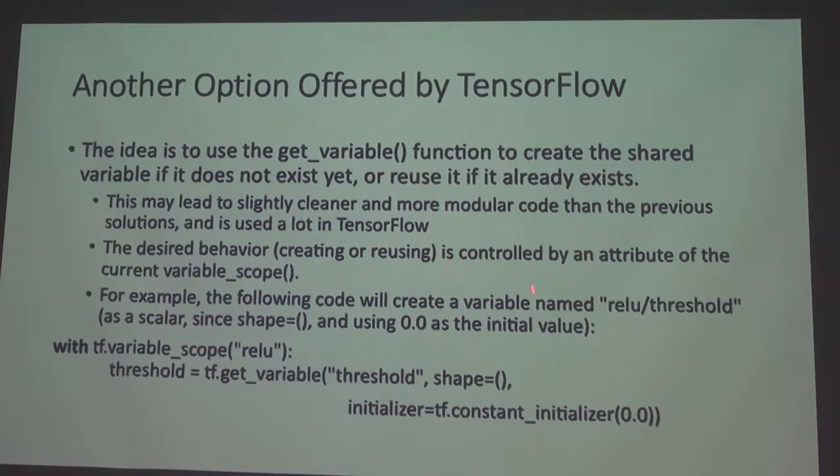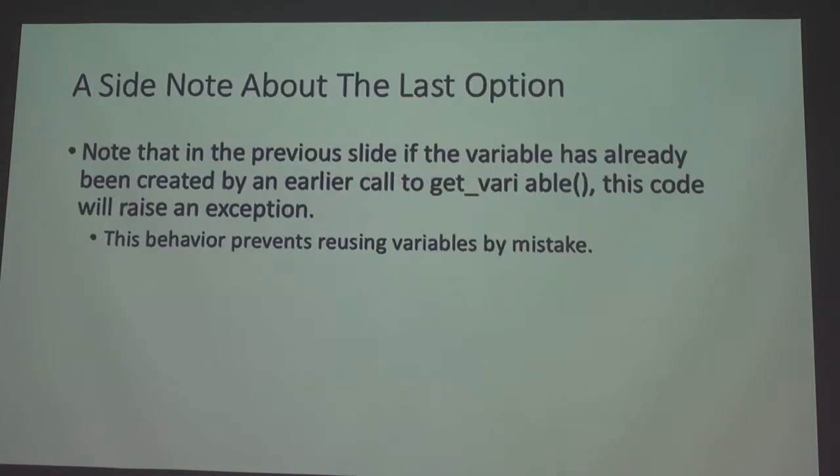The following code will create a variable named relu/threshold: with tf.variable_scope("relu"), threshold = tf.get_variable("threshold", shape=(), initializer=...). The shape is empty because this is a scalar value, a single numerical value, so its dimension is 0. So you can do it this way.